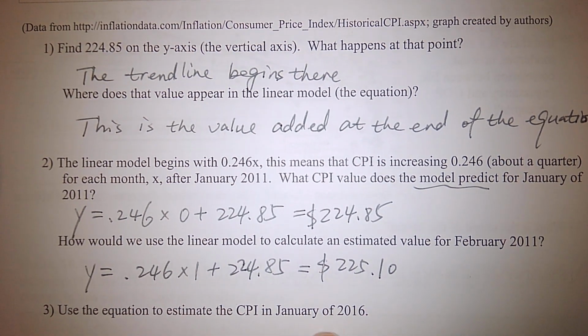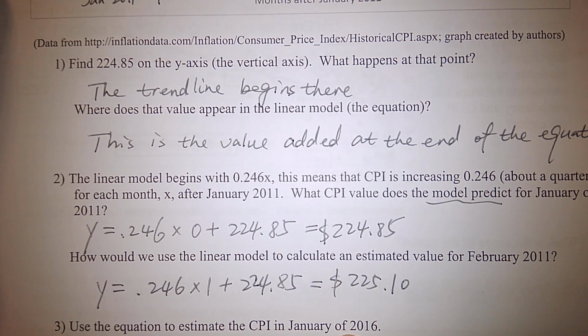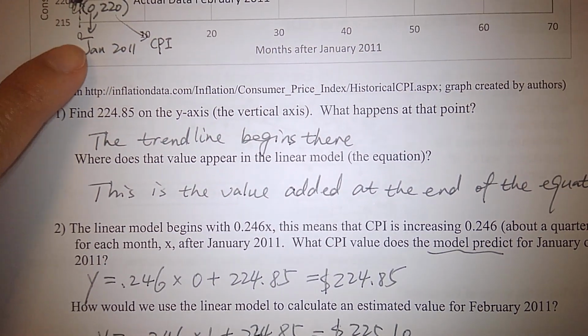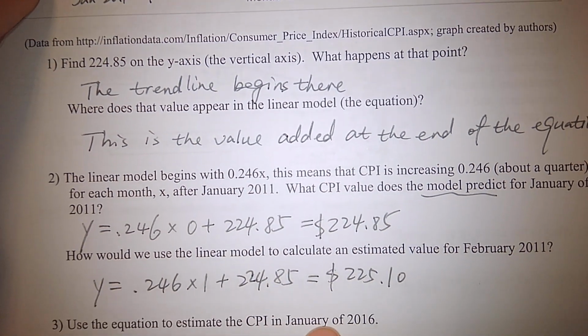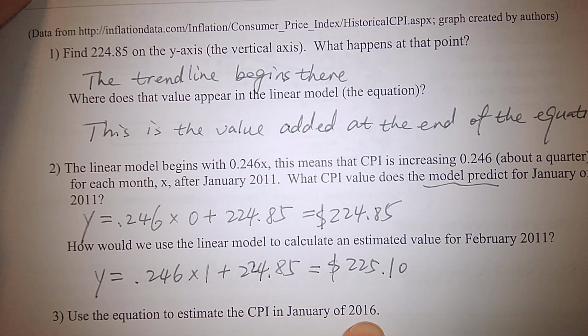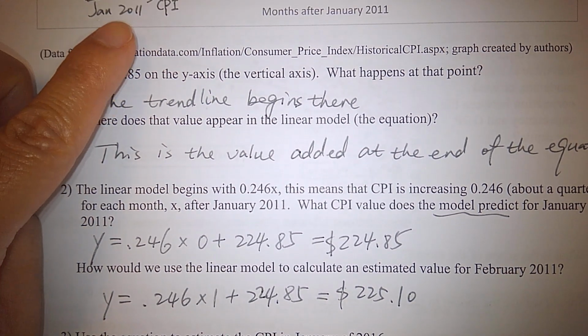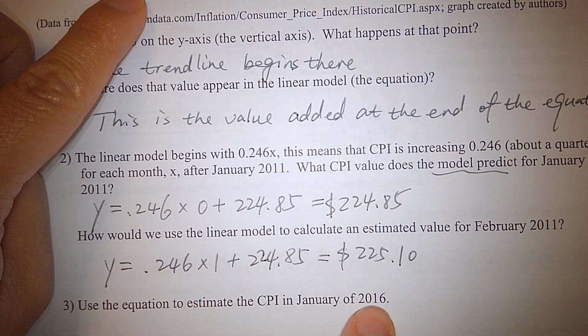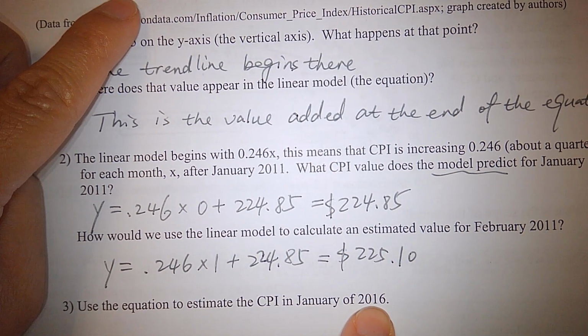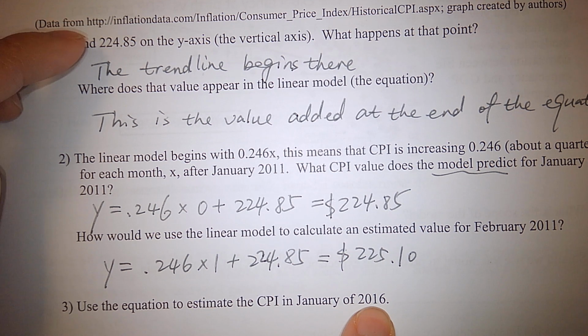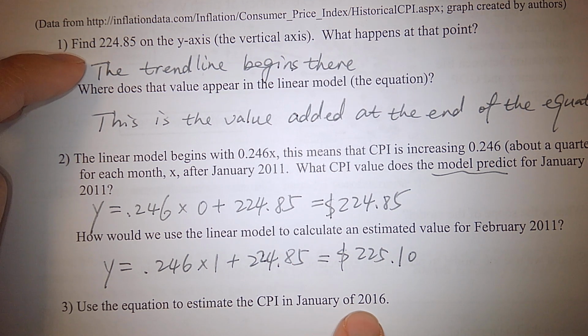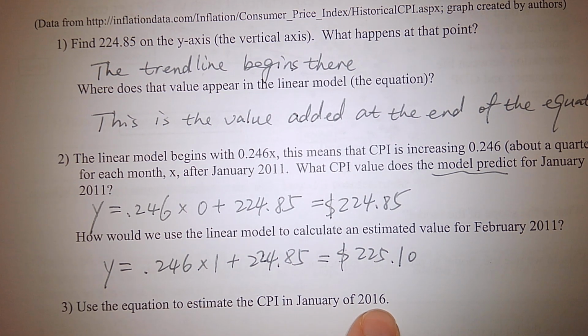How many months are between January 2011 and January 2016? 60 months. How do you get 60? Because 2011 to 2016 is 5 years, and each year has 12 months. So January 2016 is 60 months after January 2011.